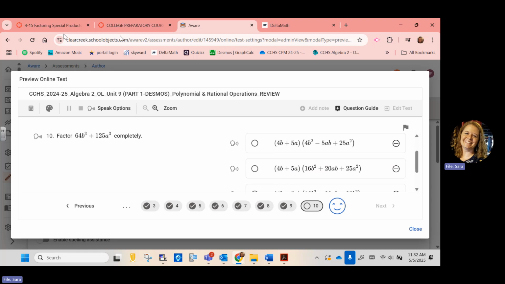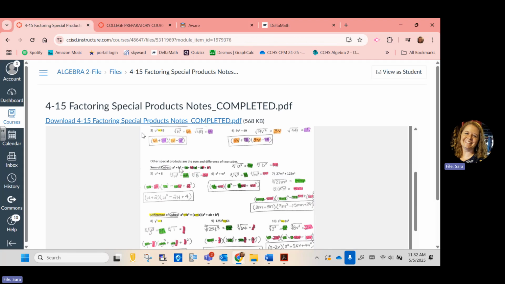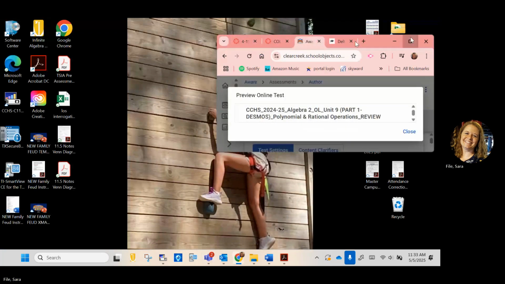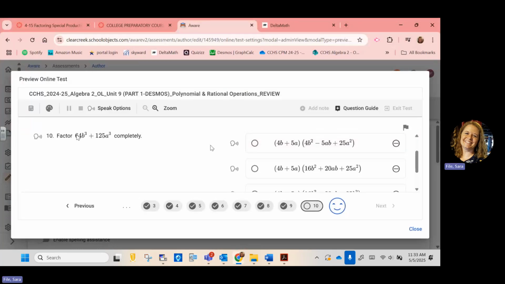Okay, and then if you go back and see, after I have that binomial, I should have the first term squared, minus the product of the terms, and then a plus. So if you go back and look at this, your first term, when we took the cube root, we said should be 4b. So you should have 4b squared. But 4 squared is 16.